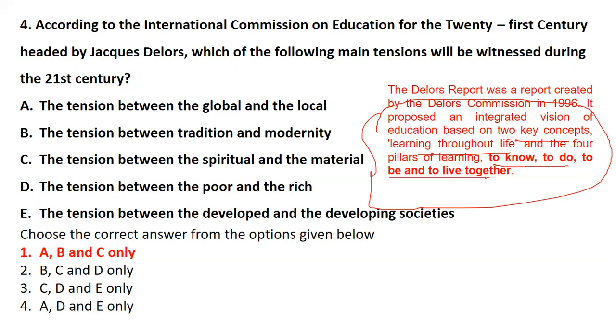So these are the basic principles indicated with respect to the Delors Commission, which is based on an integrated vision of education. The concept is learning throughout life with the four pillars, and the pillars are mentioned below.